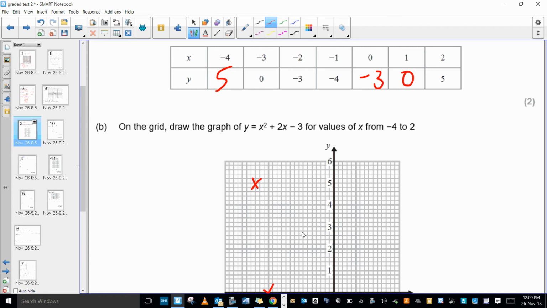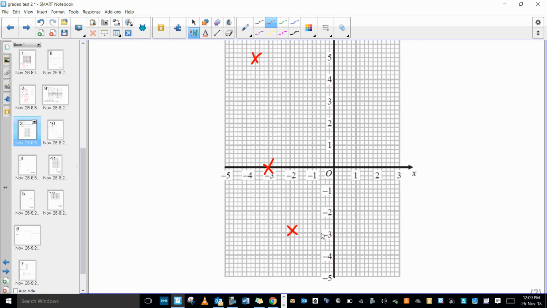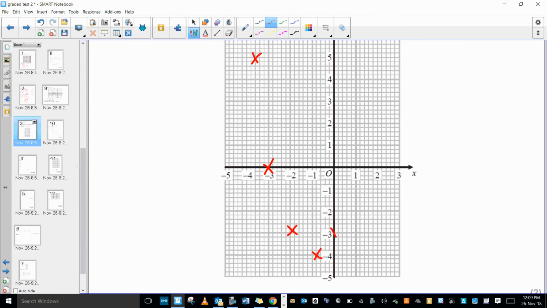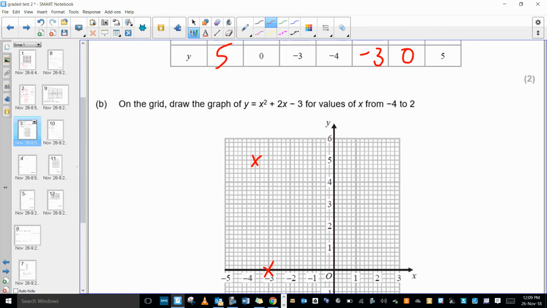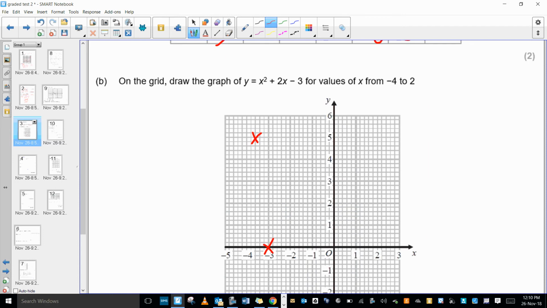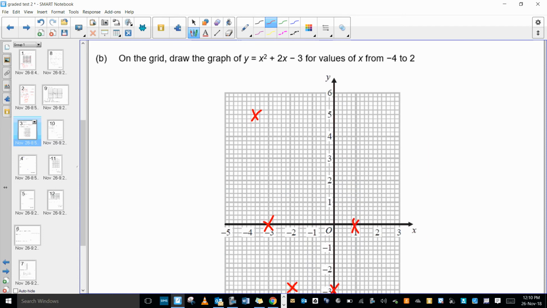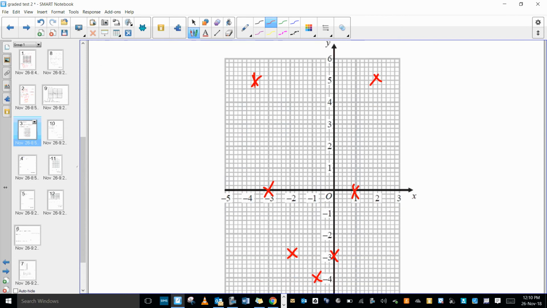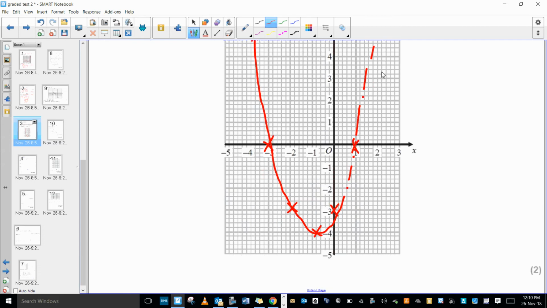Negative 1 is negative 4. 0, negative 3. 1, 0, and 2, 5. Alright, so I'm going to join them up. We can see it's a parabola. Oops, there we go. Done.